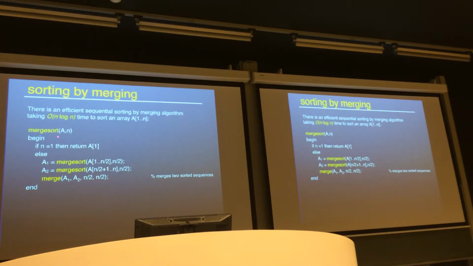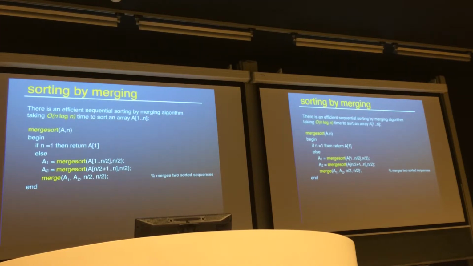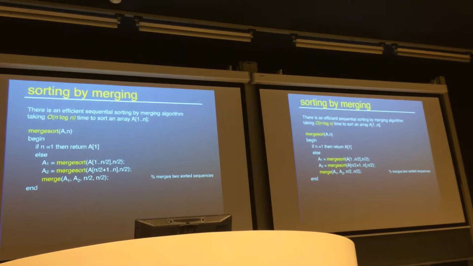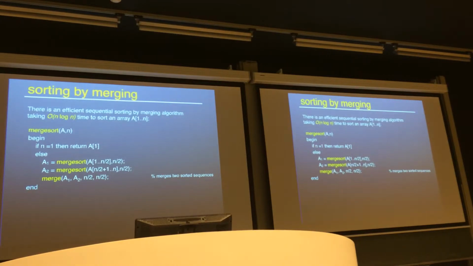What you do is, given an array A, you split it in two halves. You sort the halves by applying merge sort, and then you simply merge the two sorted halves, A1 and A2, into a completely sorted sequence.